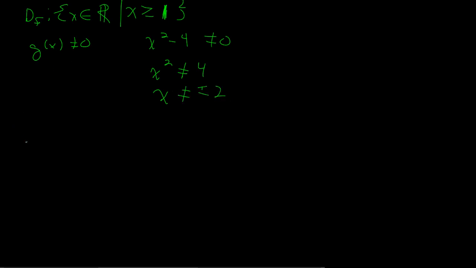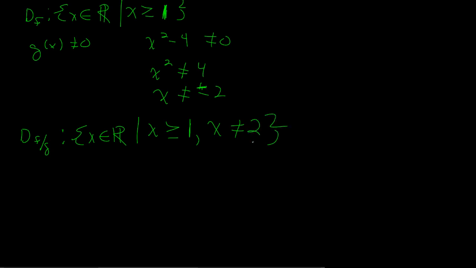And so for the new domain of my new function, f divided by g, I start with all real numbers, but I have a restriction that x can't be plus or minus 2. Well, it already has the restriction that it has to be greater than or equal to 1, so I don't have to worry about the minus 2. I only have to worry about the positive 2, right? x has to be greater than or equal to 1 and not equal to 2.